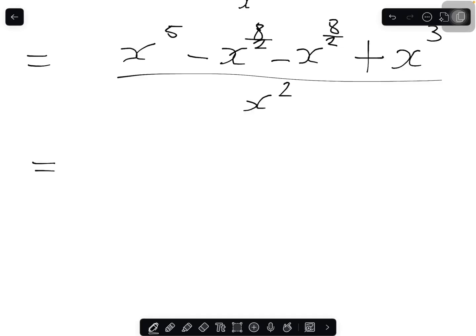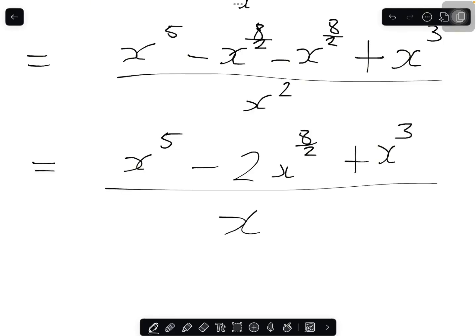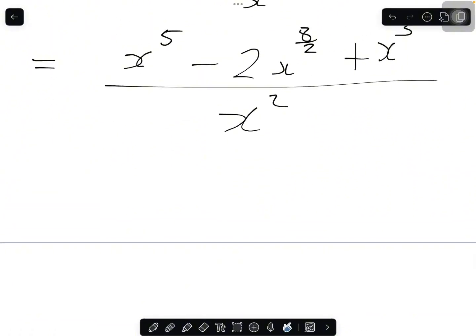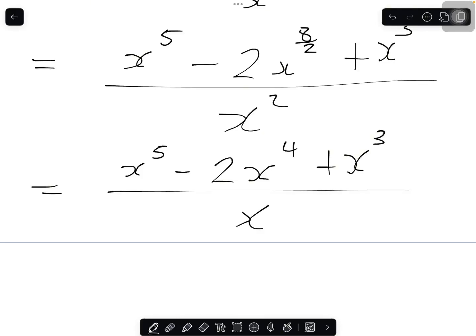That's now going to give me x to the 5 minus 2x to the 8 over 2 plus x to the 3 over x squared. I'm then going to get x to the 5 minus 2x to the 4 plus x to the 3 over this x squared.